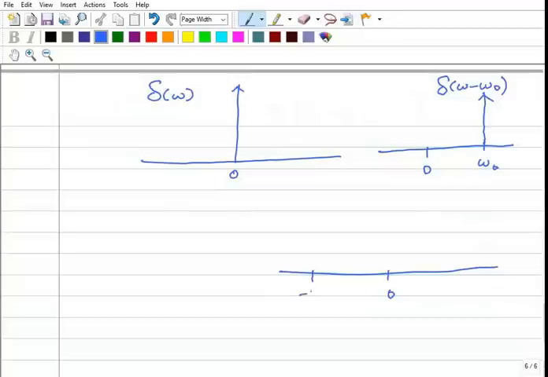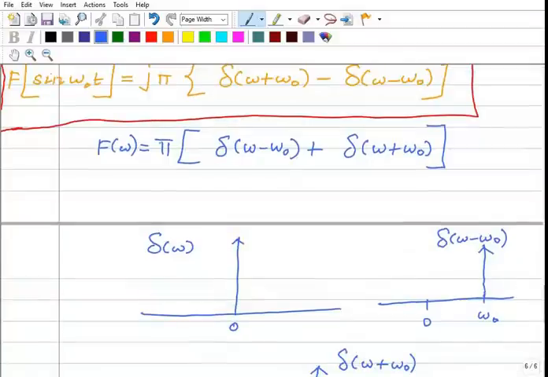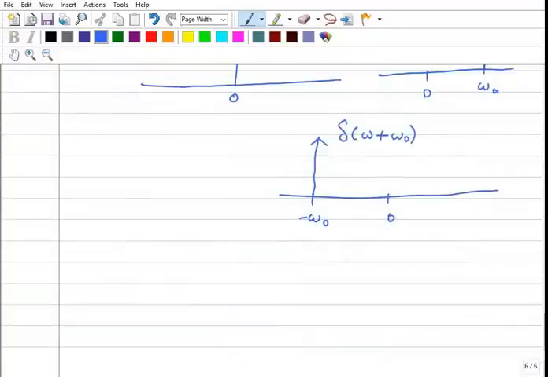0, minus omega naught. This is delta omega plus omega naught. But if you see, their amplitudes are pi. So overall F of omega, if I draw, it will be like this.